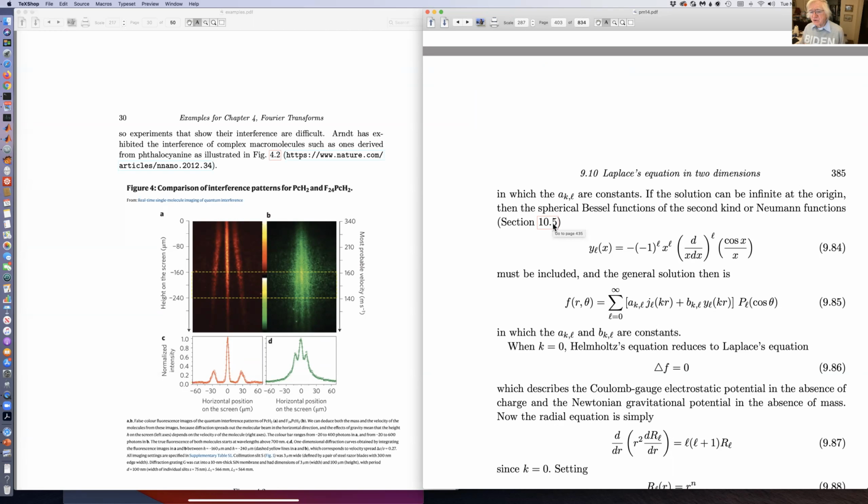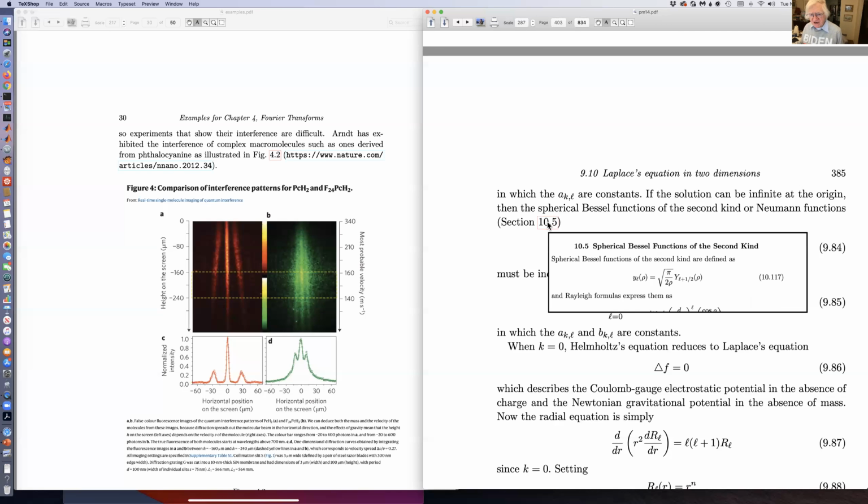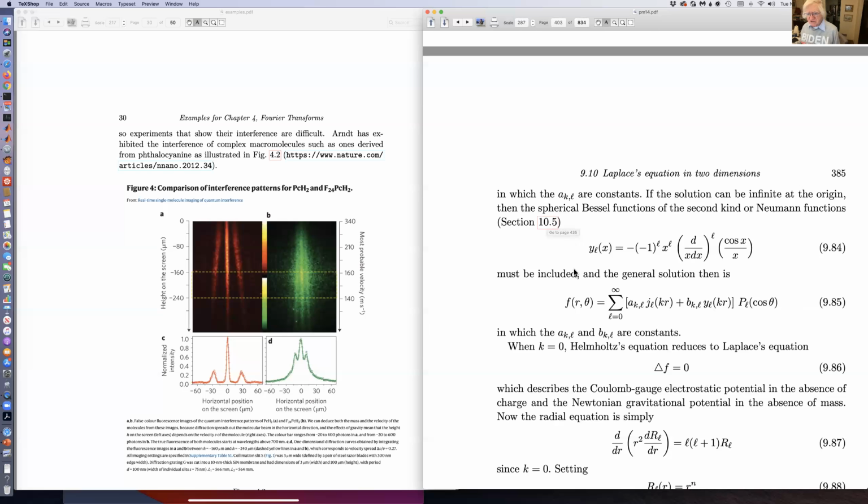And then you can use the spherical Bessel functions of the second kind, which are also called Neumann functions. In the book, I used n for Neumann, but when I looked in section 10.5, I saw that I actually used a little y in 5, so I decided to go with y, which seems to be the more common notation in the literature.